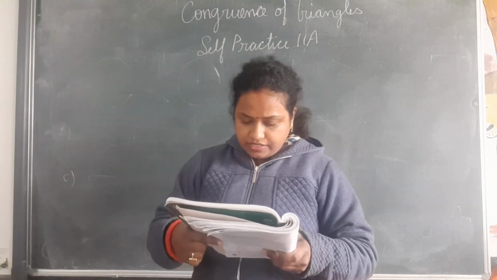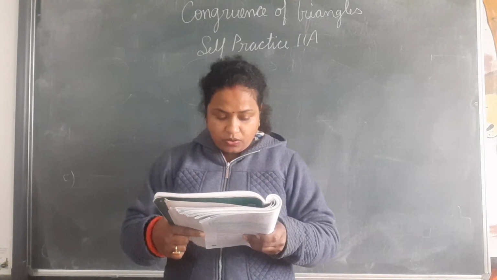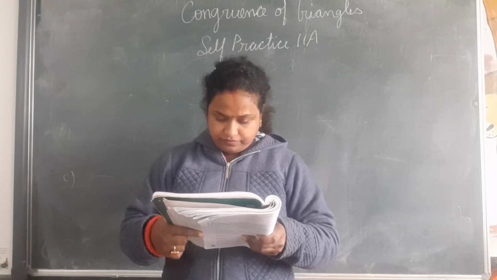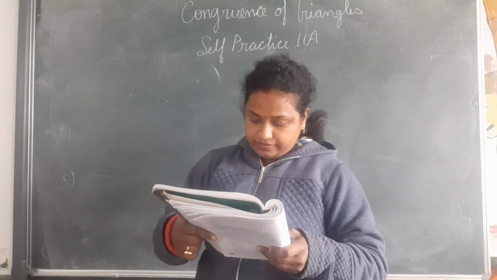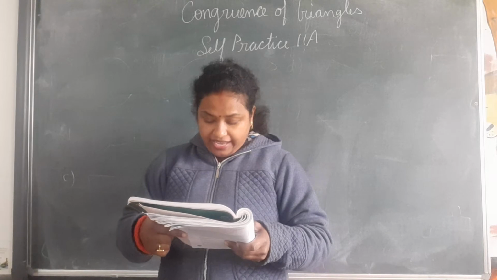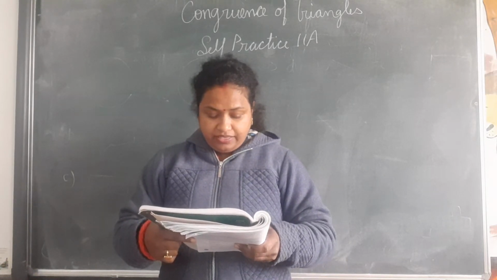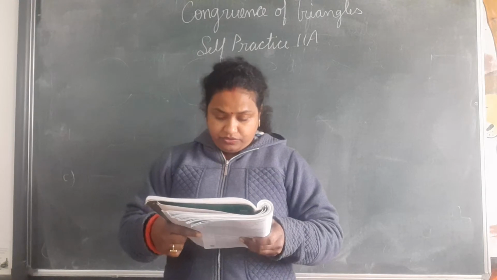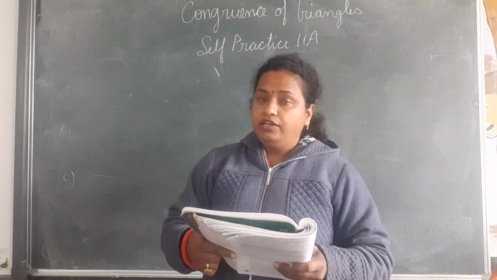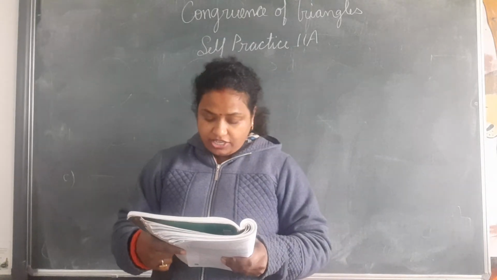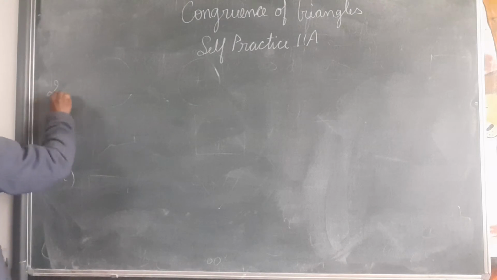Study the given figures carefully and state which of them are congruent. Up to N it is given: A, B, C, D, E, F, G, H, I, J, K, L, M, N. How many are there in total? 14. Now you have to make 7 pairs which are congruent.